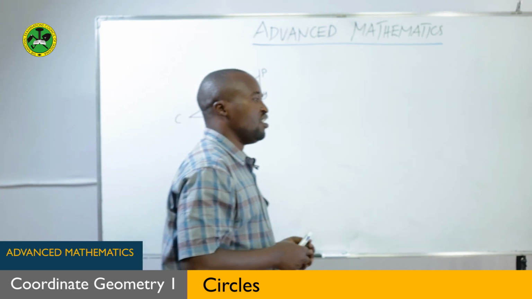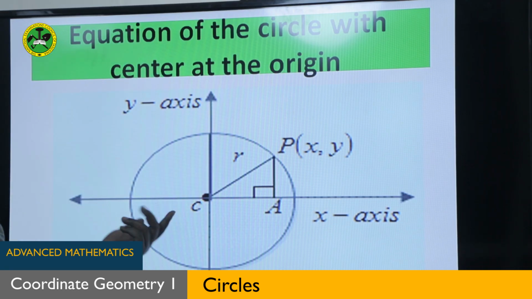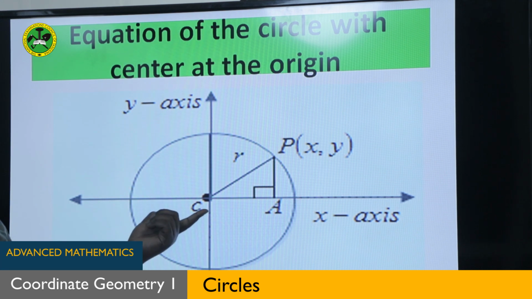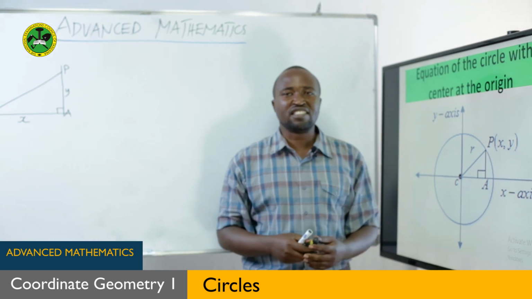And again you have the distance from C to P, that is the distance from the center of the circle to the point on the circumference. Call this R, meaning radius.